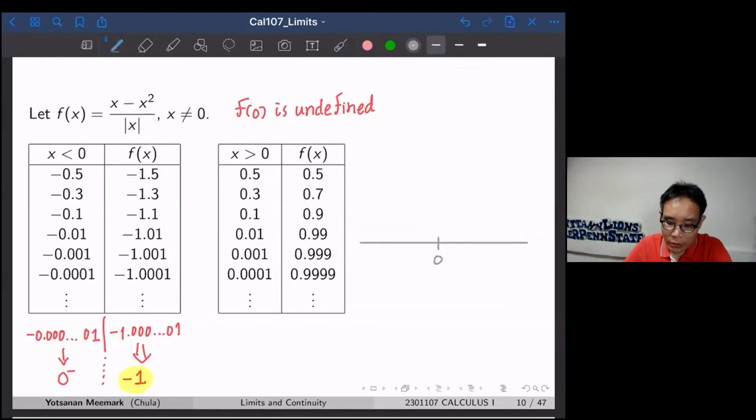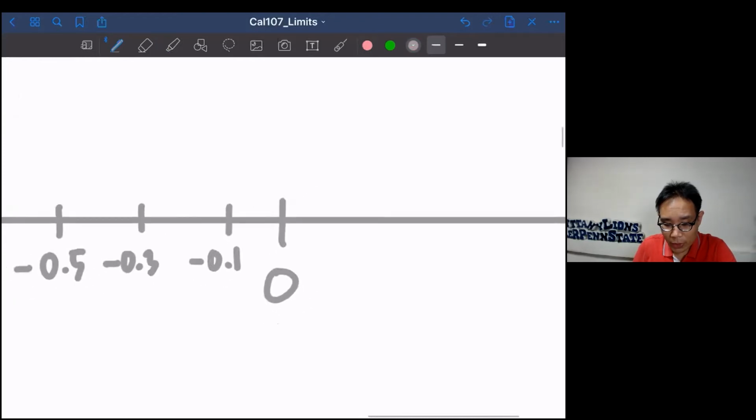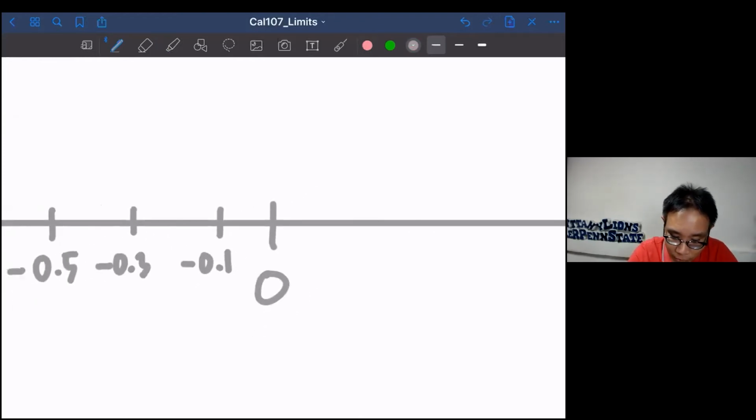You're going to have negative 0.5 here, negative 0.3 somewhere here, and negative 0.1 here. I can zoom in a little bit more to get negative 0.01.